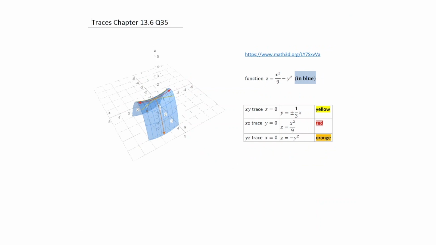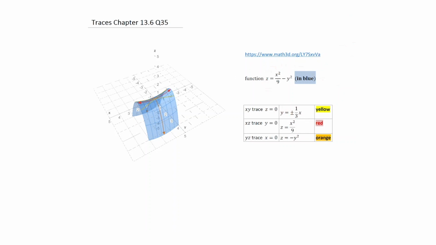All right, so let's do one more example. This is the function z equals x squared over 9 minus y squared, which is in blue. Again, if you want to look at the interactive simulation, you can click on the link there. Let's look at the xy trace with z equals 0. You set z equal to 0, and you end up with this expression.